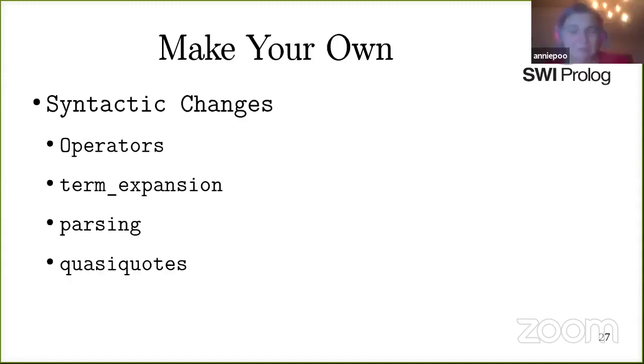Okay, I'm going to start over this make your own. So I want to make my own. This looks cool. Gosh, I can make all kinds of things in here. So how do I go about altering Prolog?